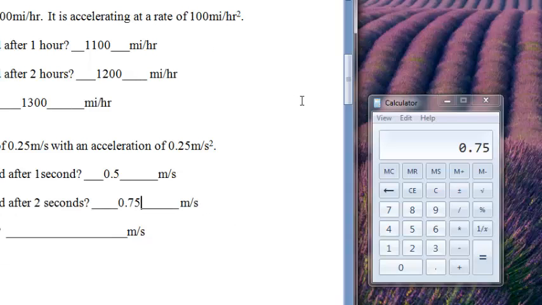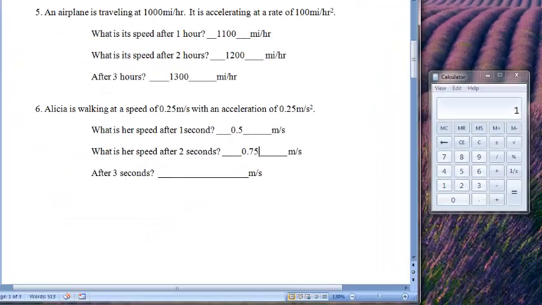In order to find her speed after 3 seconds, we again have to add the acceleration rate, 0.25, to her current speed, which is 0.75. At this point, she is going 1 meter per second.